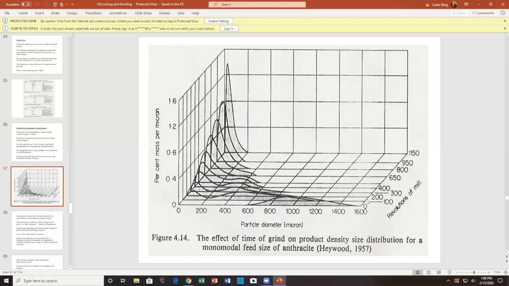The same thing happens with this mill here. You think it's following these distributions and it's going right on in here, but I have seen situations where you put in your 1150 rotations and the material has indeed broken down to a log normal distribution.